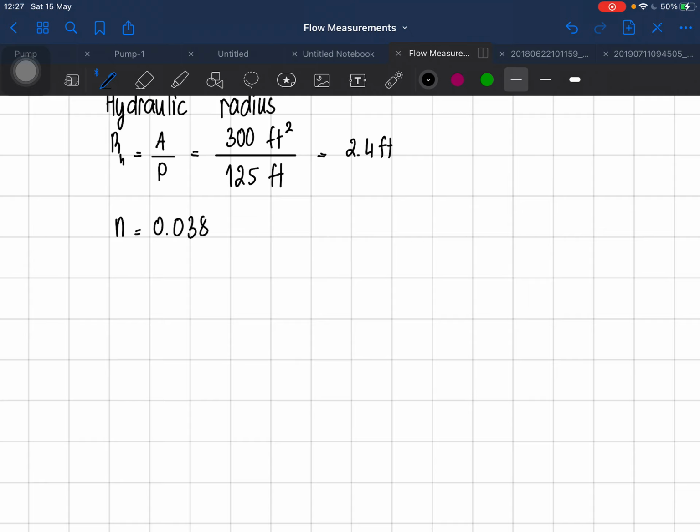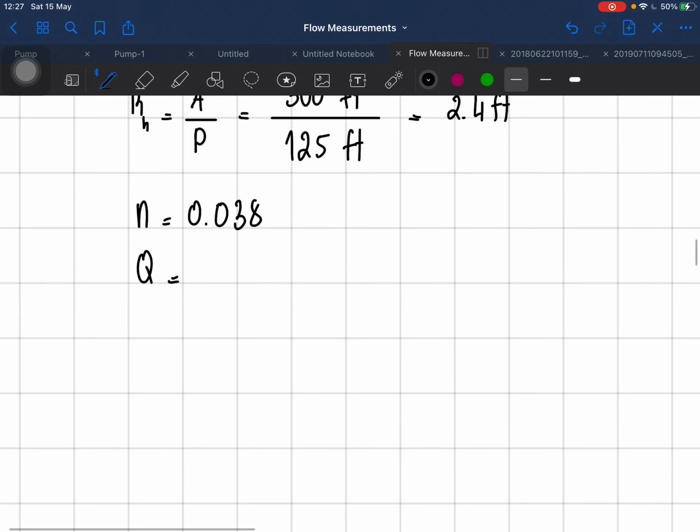Then we can find 1.49. Would you like to round up to 1.50? No, you cannot do that.